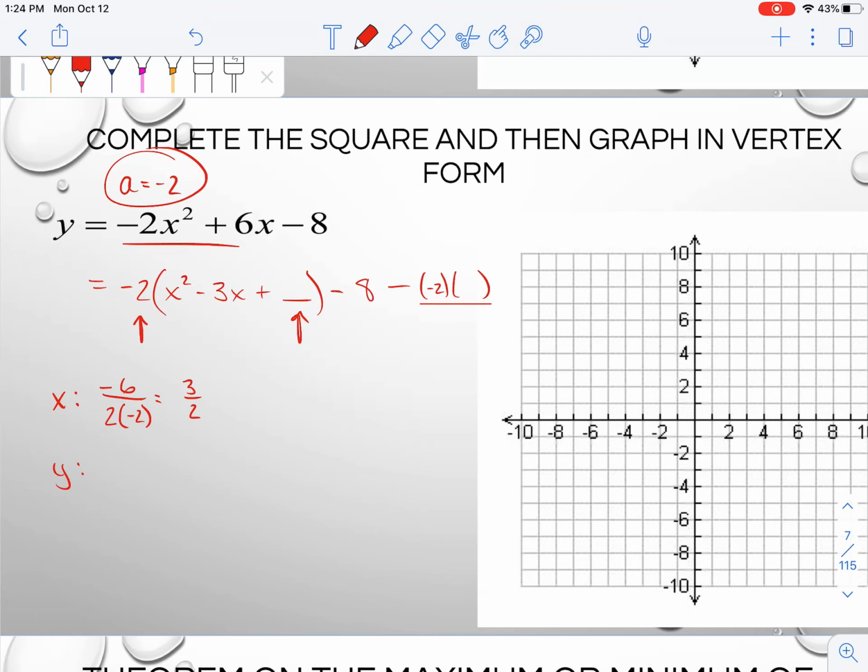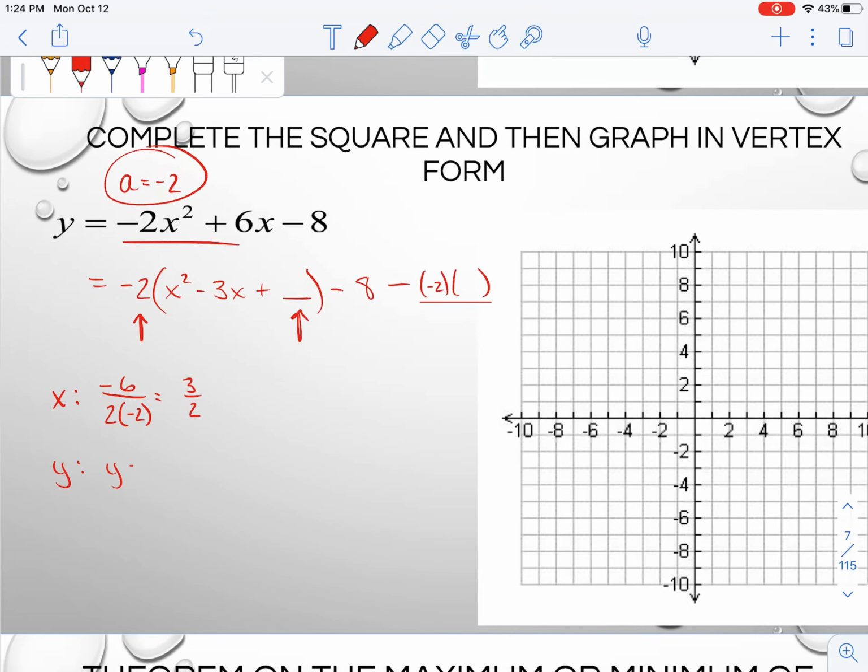When I plug that in for y, I'm going to have y equals -2 times 3/2 squared plus 6 times 3/2 and minus 8. So 3/2 squared is going to be 9/4. 9/4 times -2 is going to be -9/2, right?